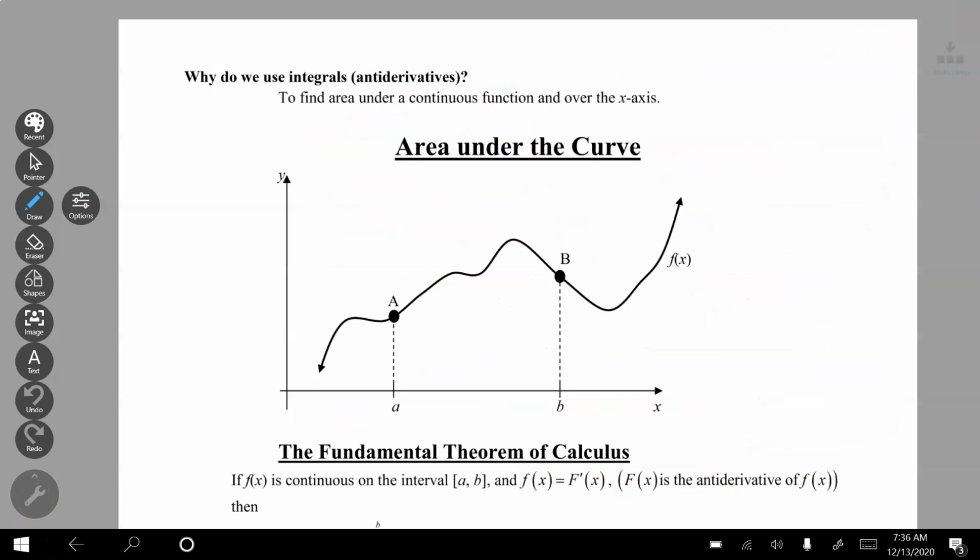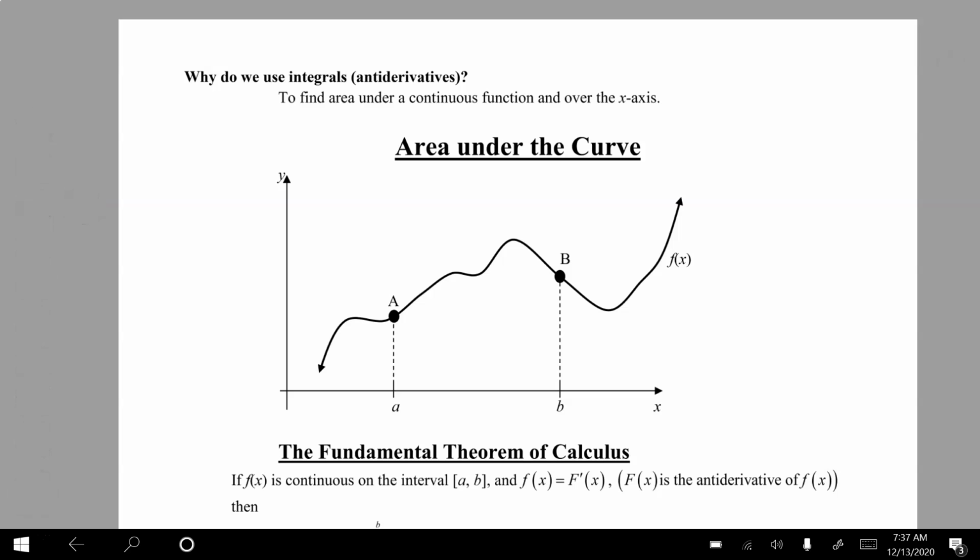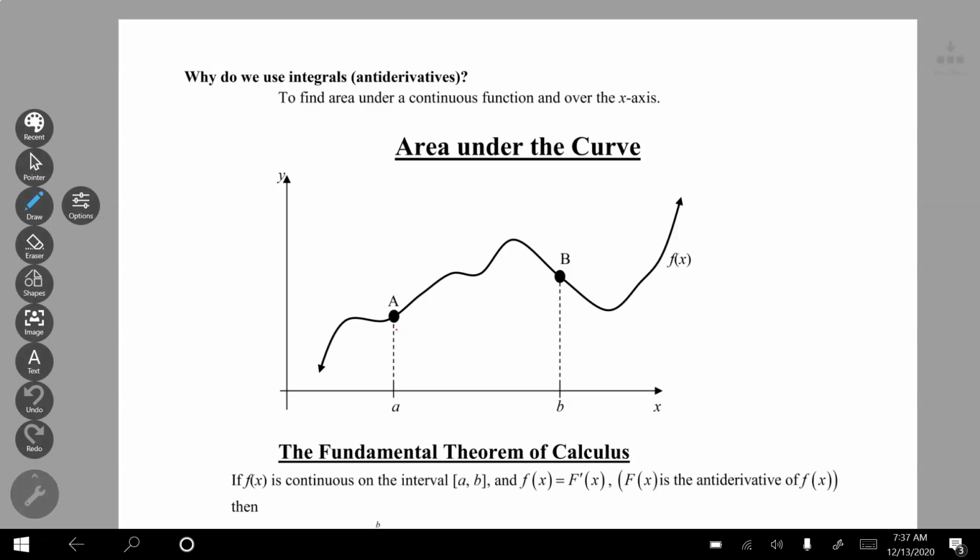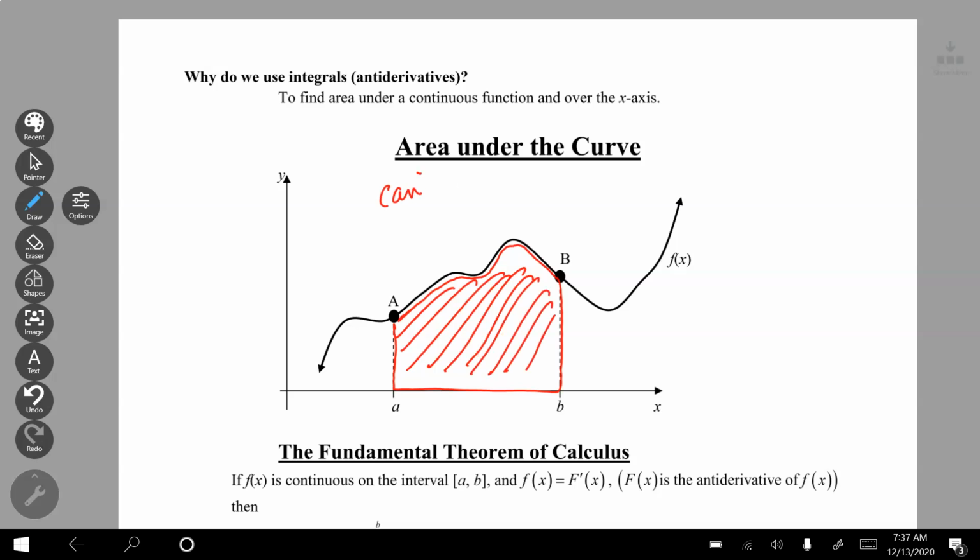So that last problem wasn't so bad because all I had to do was find the area of a triangle. So I could have used geometry. But not every curve is going to be a nice geometric figure, such as if I wanted to find this area that I'm going to do right here underneath this curve. I want all this area. I can't use geometry.